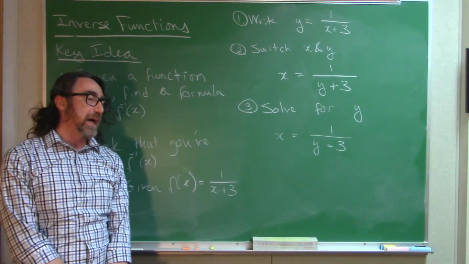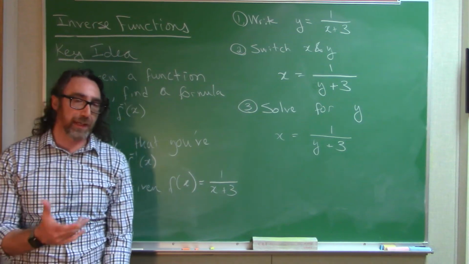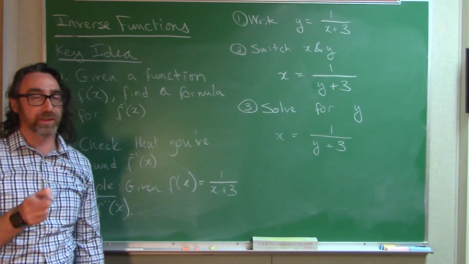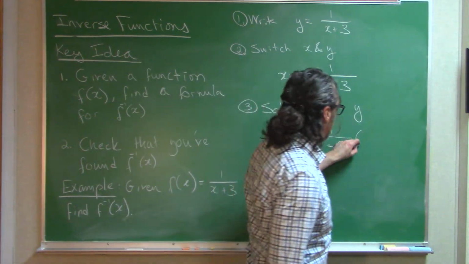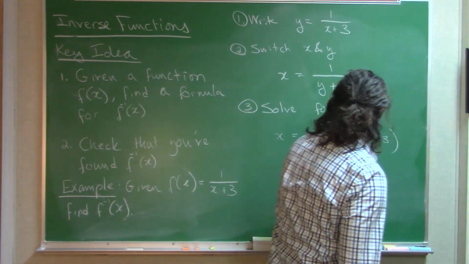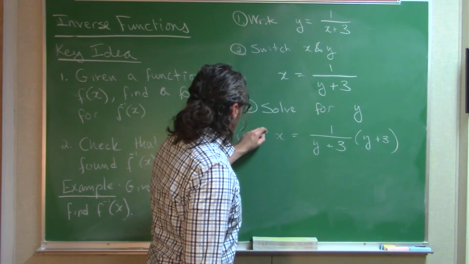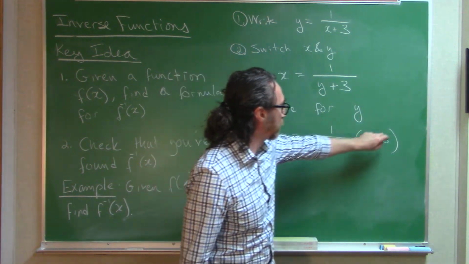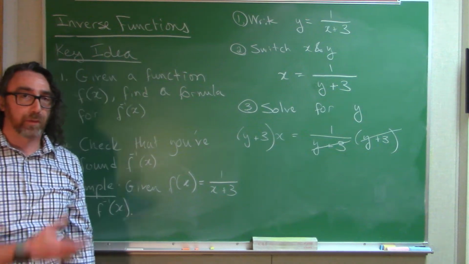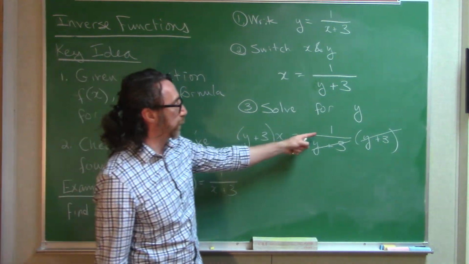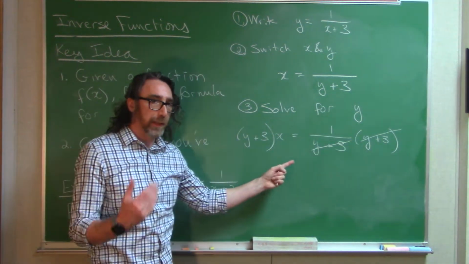Anytime you have an equation that involves a fraction, you can write down an equivalent equation that doesn't have a fraction. So I'm going to multiply both sides of this equation by y plus 3. The whole point of that is the y plus 3's on the right cancel each other out.